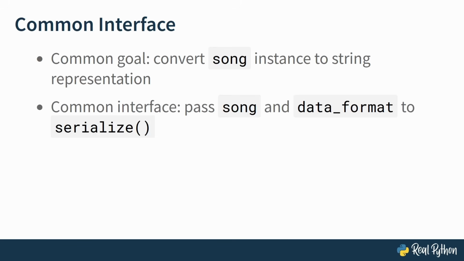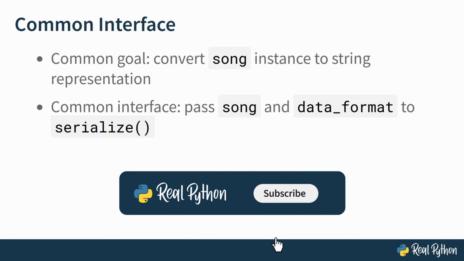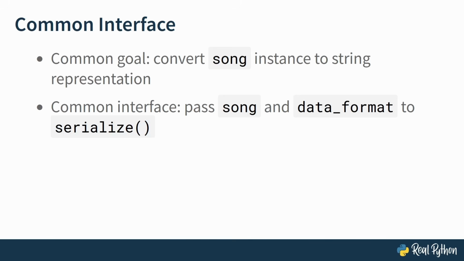And the common interface would be to pass the song object and the data format, so either JSON or XML or YAML in the near future, to the serialize function. That would be our common interface. Now, in the next lesson, you'll refactor this code into a basic implementation of the factory method pattern.